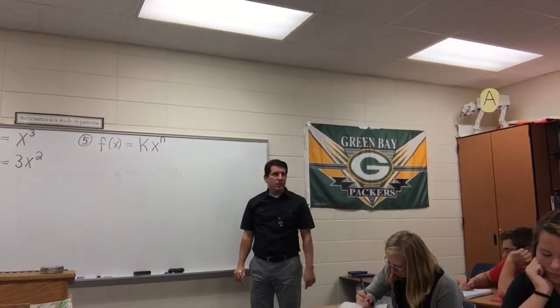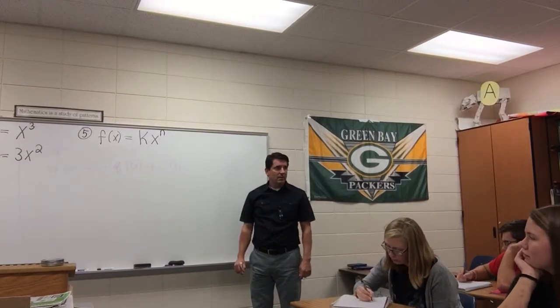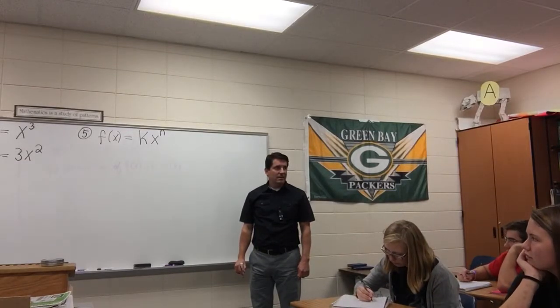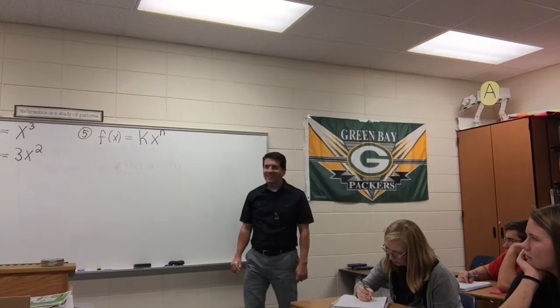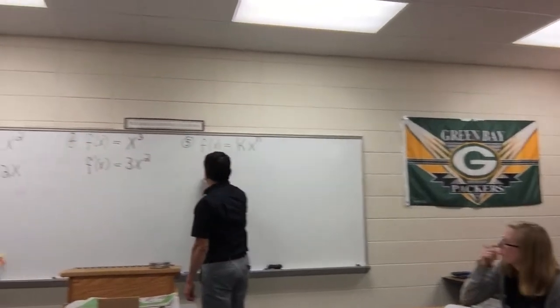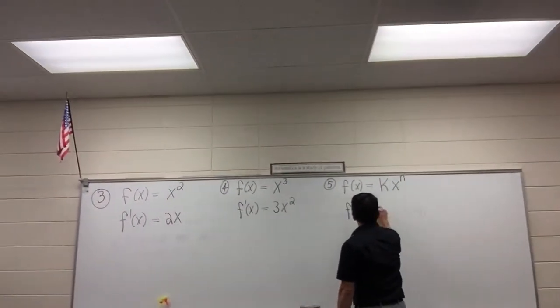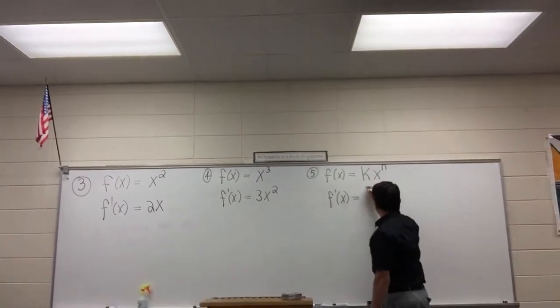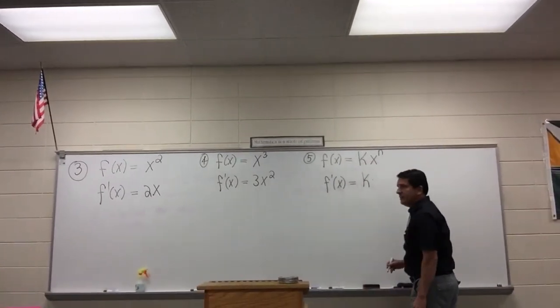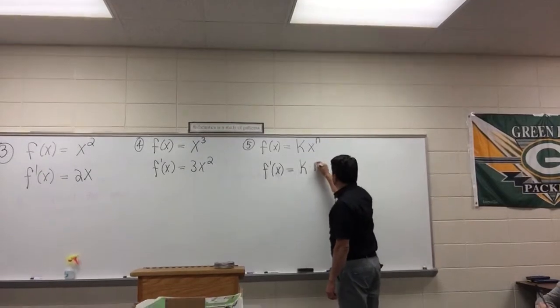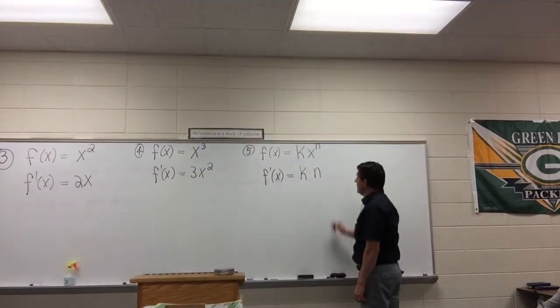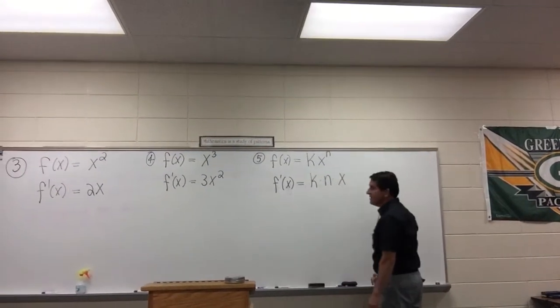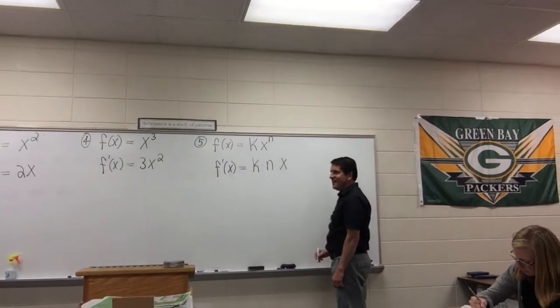This is the one that's in the book. The derivative, if you follow the pattern, is you take the k, you multiply it by n, and then you multiply it by x to the n minus 1.